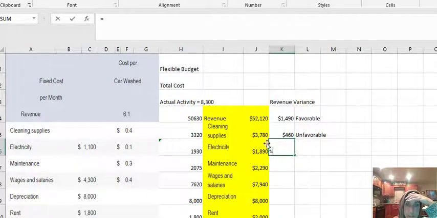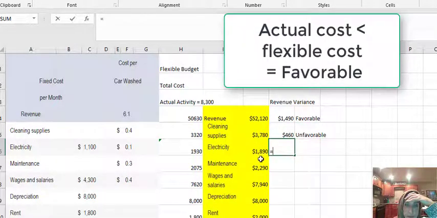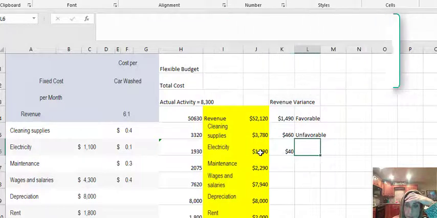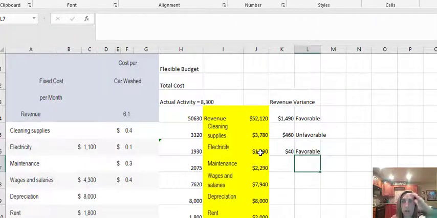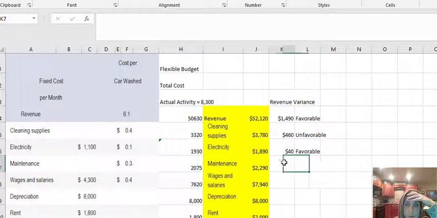The next one says, here's the cost that I actually generated, $1,890. Here's what I could have generated. So the difference between those two numbers this time will be favorable because I saved money from what my budgeted amount was.